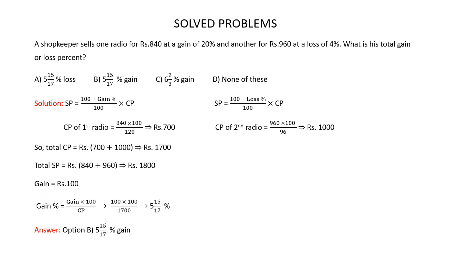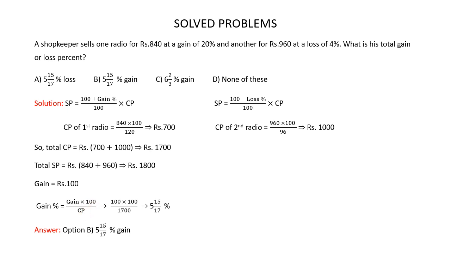We know that the total cost price is rupees 1700. And we also know that here we are asked to find what is his total gain or loss percent. But since here the shopkeeper has a gain, we have to find the gain percent. We know that gain percent is equal to gain multiplied by 100 divided by cost price.